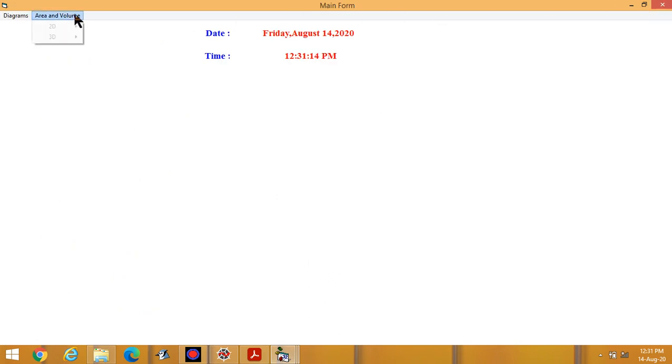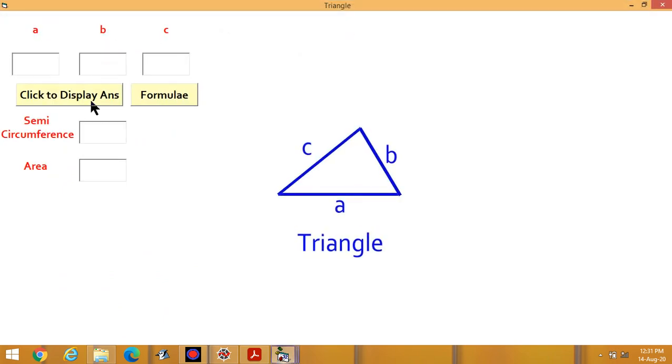And what about the second one? If I am talking about triangle, suppose three sides are given to you, that is A, B and C. Then if I enter 12, 14 and 7, suppose these are the three sides of the triangle. Click to display the answer, semi-perimeter. What is the formula for semi-perimeter? A plus B plus C divided by 2.